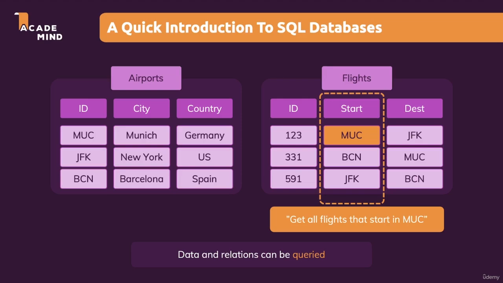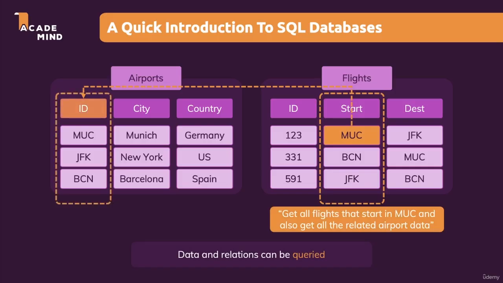You can also run queries across multiple tables, and indeed that's one of the main ideas behind relational databases. You can, for example, get all the flights data where flights start in Munich, but then you don't just want to get the flights data, but also all the data for that start airport.